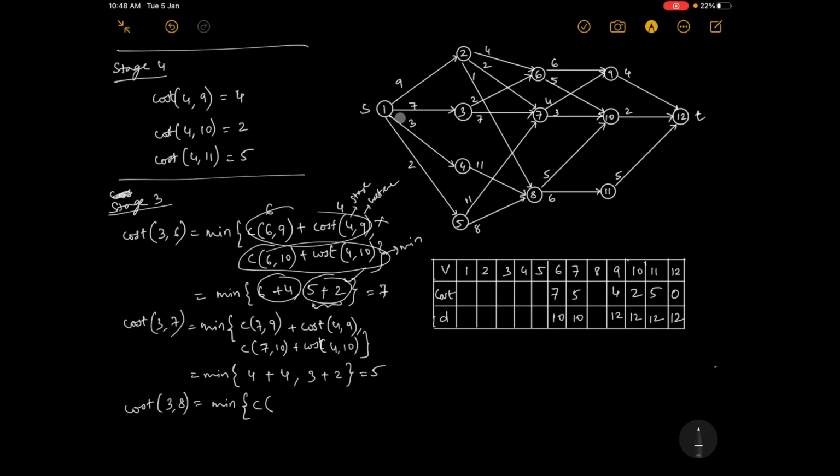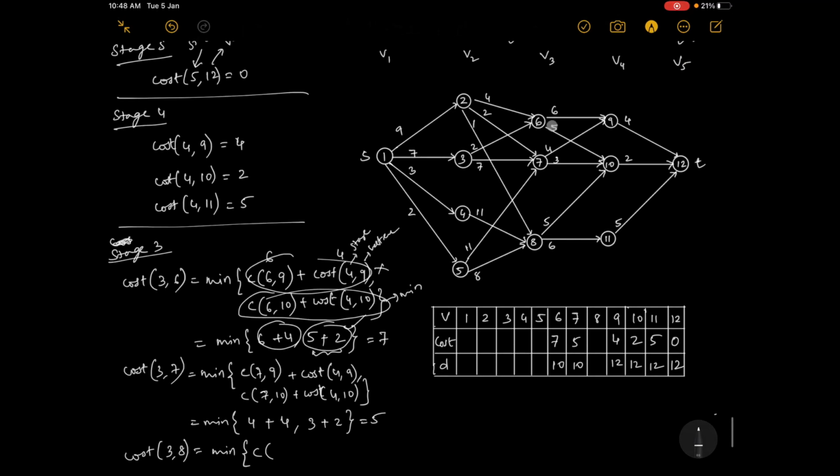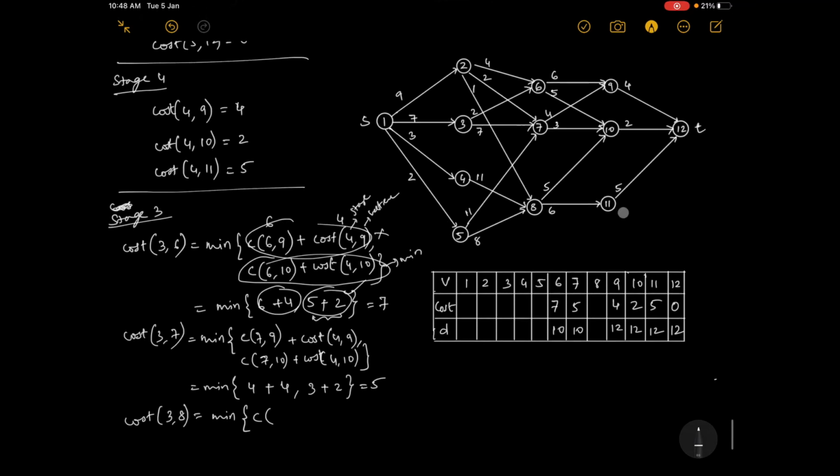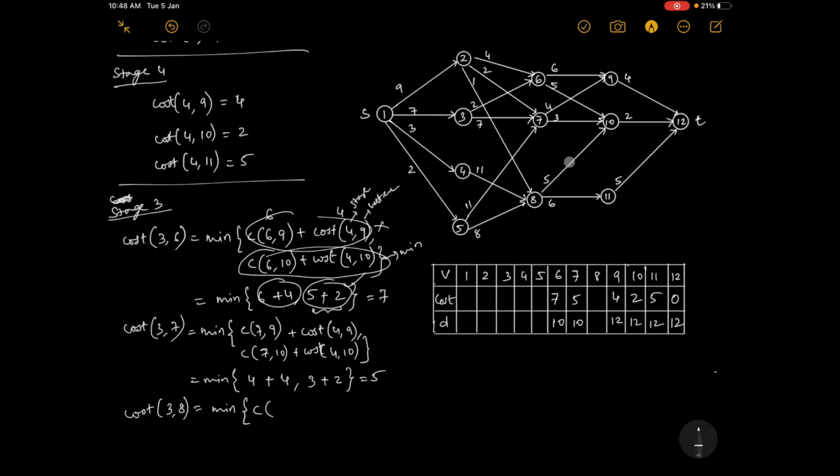So minimum of C comma, now we are doing for stage 3 vertex 8. So this is stage 3, correct? This is stage 3 vertex 8. So we have two paths. So two paths means we have to take minimum of. So first path is this. You can take any one, either this or this. So I'm taking this first.